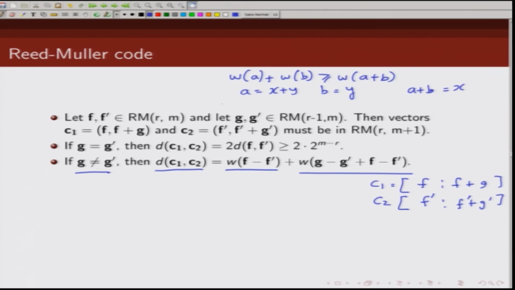So, what we will get is weight of x plus y plus weight of y is greater than or equal to weight of x. Or we can write weight of x plus y is greater than or equal to weight of x minus weight of y. Next, we are going to make use of this result to simplify this expression.